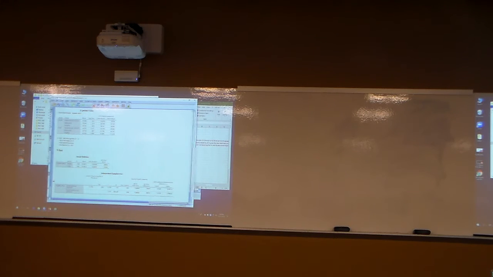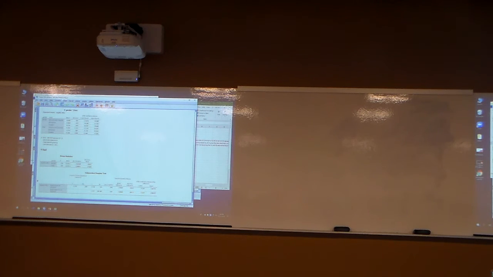But again, thinking about benchmarks for Bayes factor, anything from 1 to 3.2 is weak evidence. 3.2 to 10 is substantial, right?